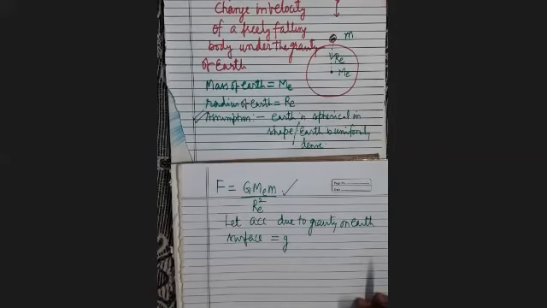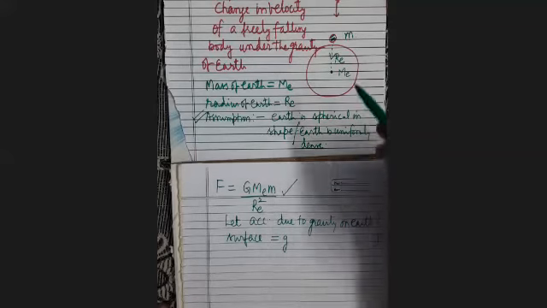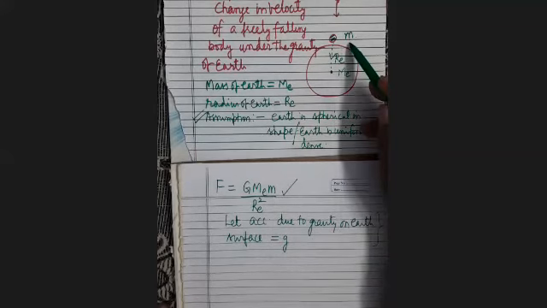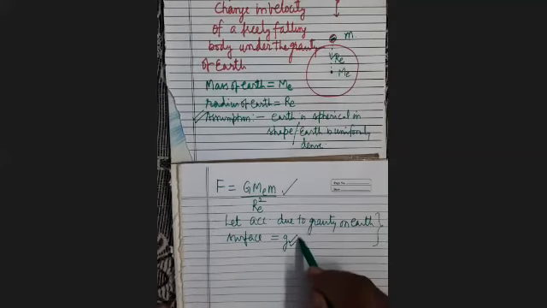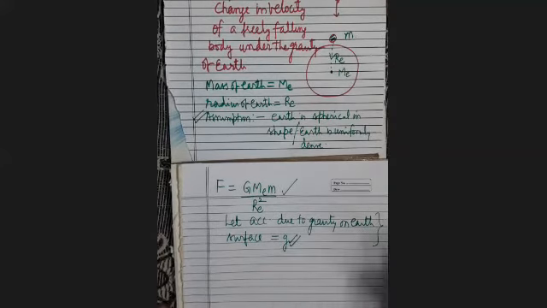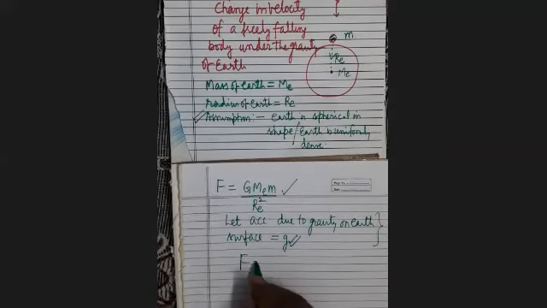It is clear. Now if we use our old concept, that a body is in the gravitational field of Earth whose mass is m and acceleration due to gravity is g, then how much force will Earth exert upon it? m into g.